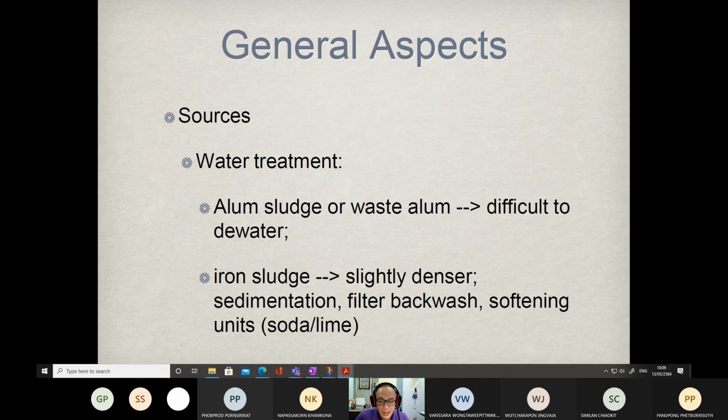So we get alum sludge from the water treatment. If we use iron as the coagulant, we will get iron sludge.